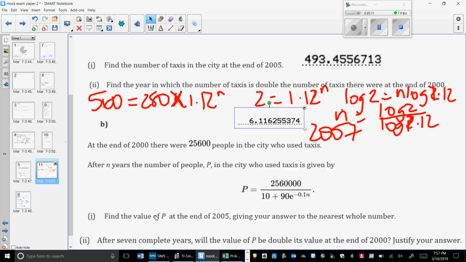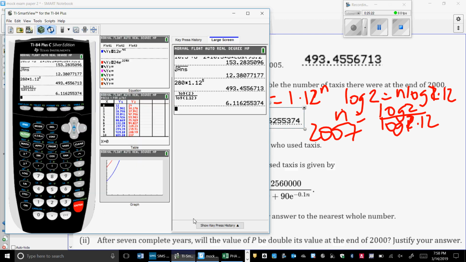There, found the value of P at the end of 2005. So, N is 5. Sticking 5 into there. That's annoying.